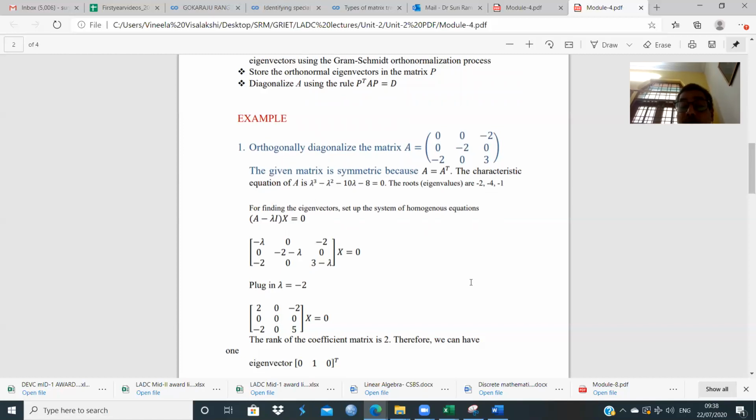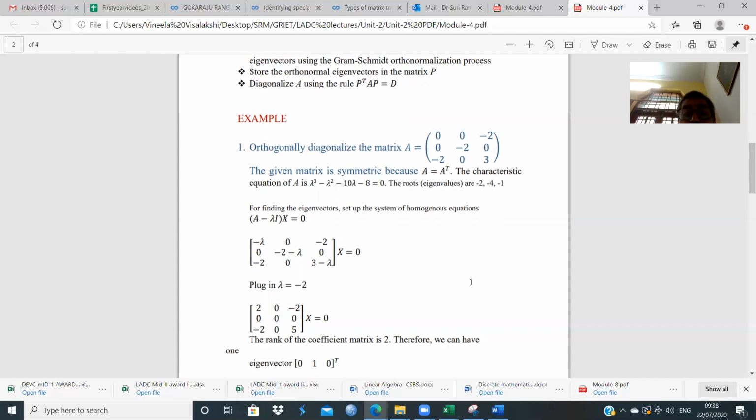And when you factorize this or solve this equation, you get distinct eigenvalues minus 2, minus 4, minus 1. Now this is possibly one of the simplest cases of orthogonal diagonalization because we know distinct eigenvalues will return distinct eigenvectors which are mutually orthogonal.